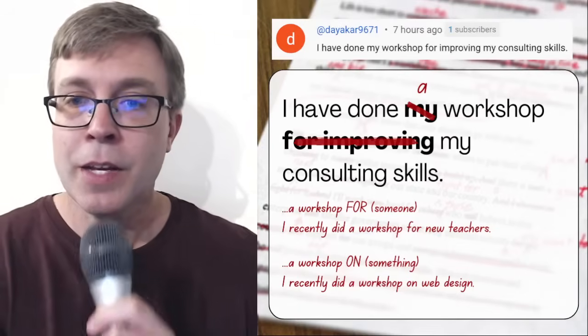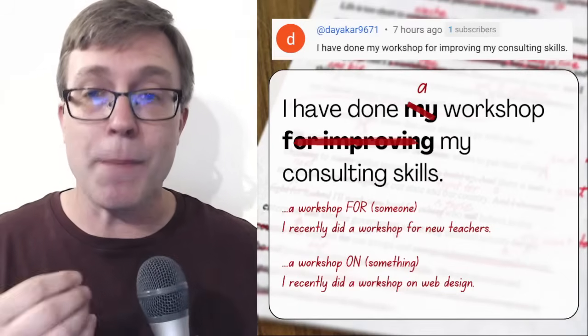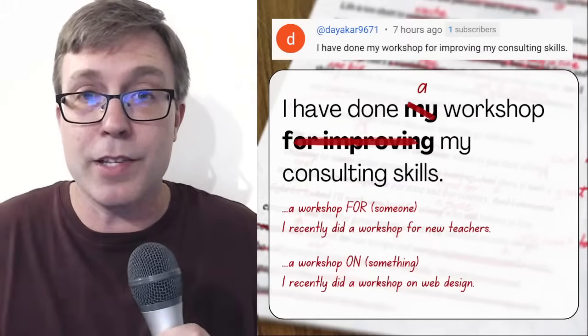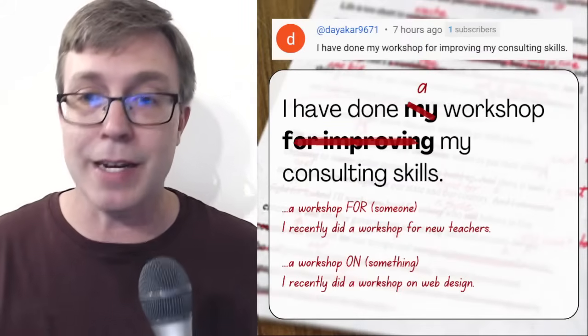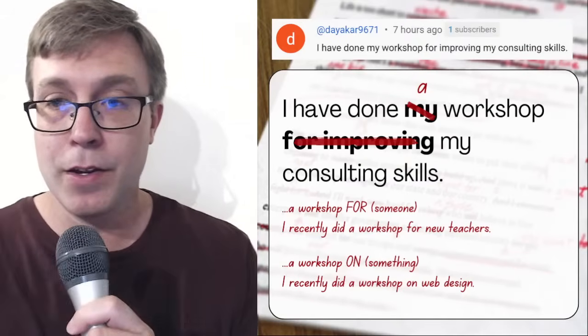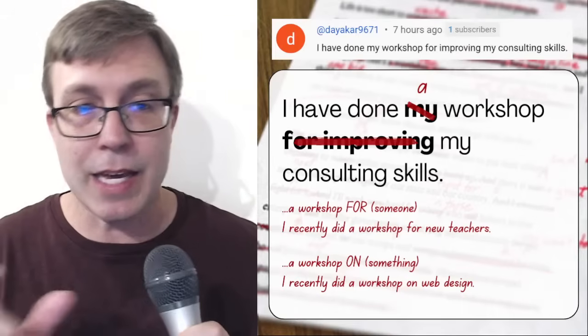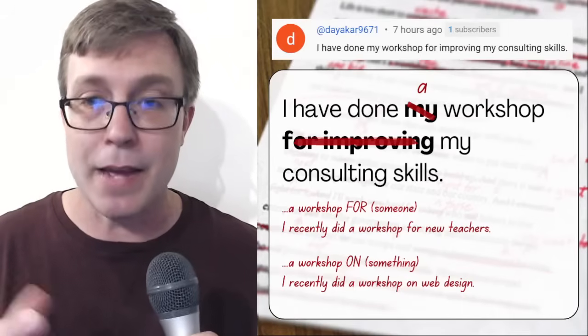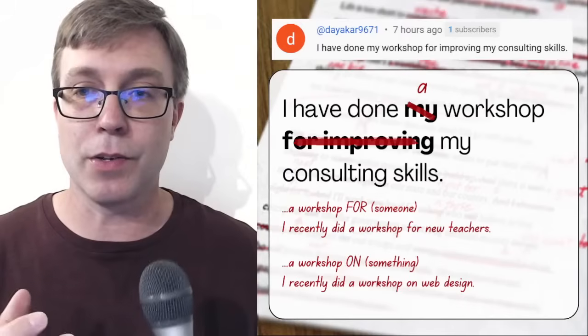If you do a workshop on something, then that is talking about what the workshop is about, the content. I recently did a workshop on web design. So the thing that changes this, I think, is my consulting skills.